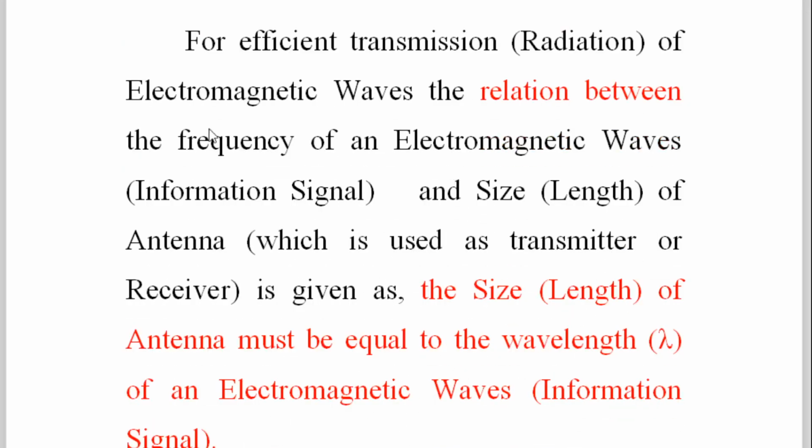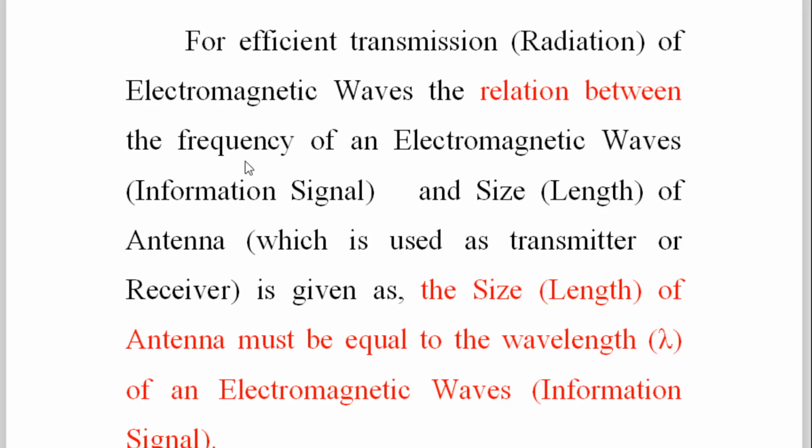Now this is important. For effective transmission, that is radiation, you want to transmit your information signal from one location to another. Transmission is also called radiation of electromagnetic waves. These electromagnetic waves are your information signal converted into electromagnetic waves.